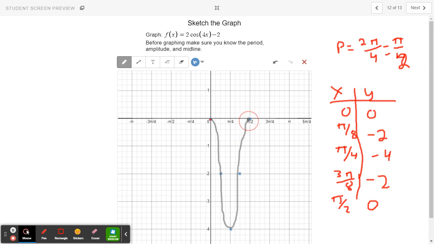Okay, and then obviously we can just repeat that pattern.